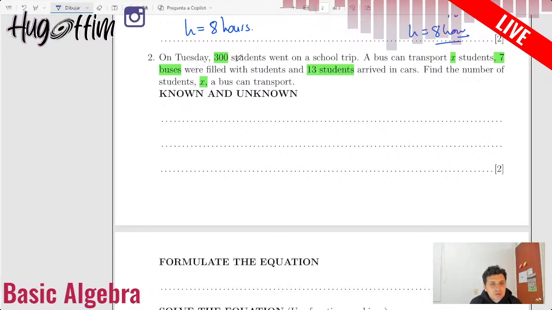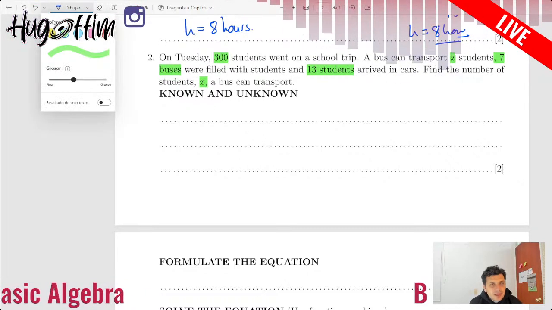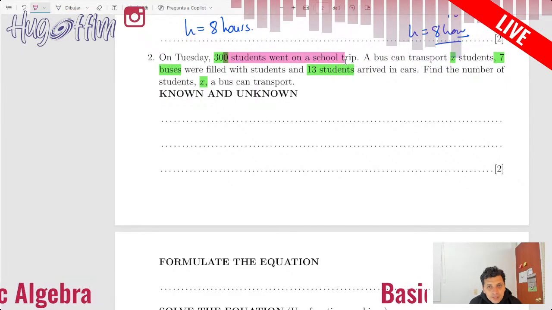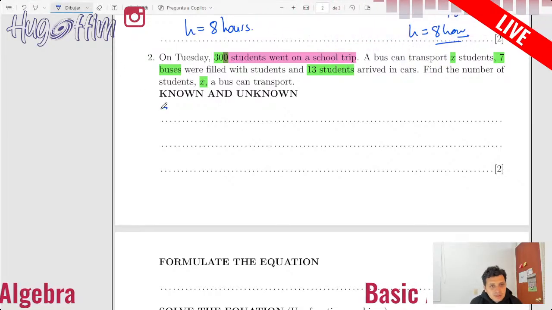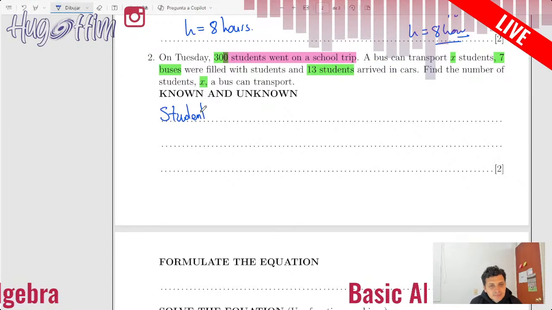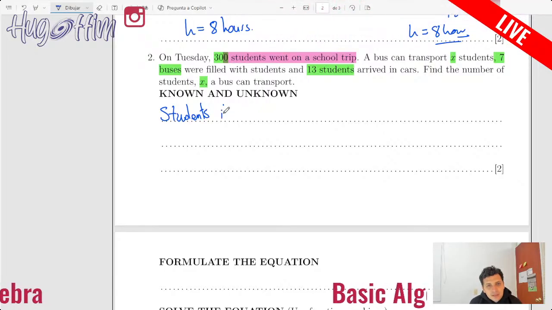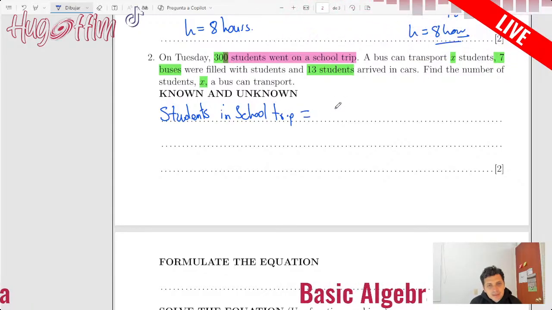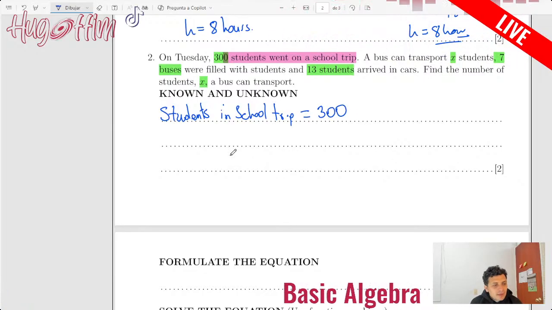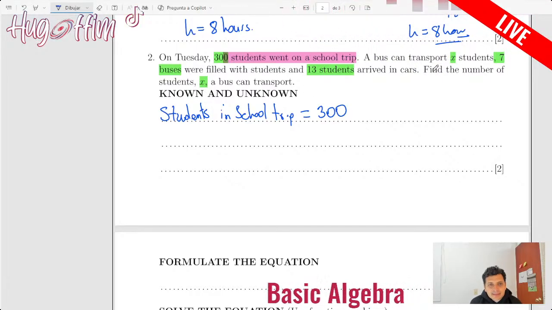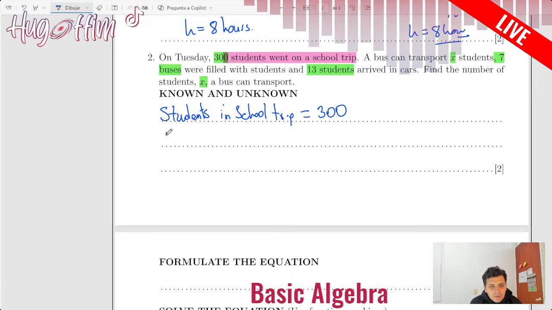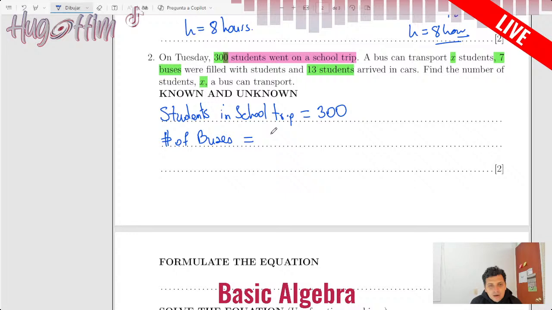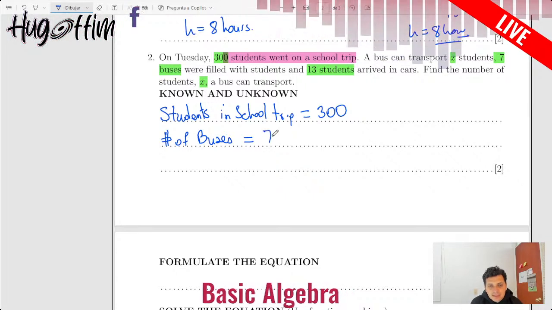So I'm going to get 300, but what means the 300? The 300 are students that went to the school trip. So students in a school trip is 300. Now, 7 buses were filled. So number of buses are 7.